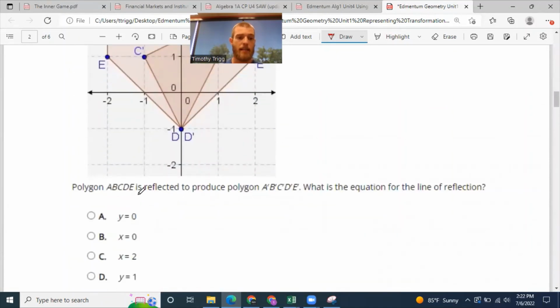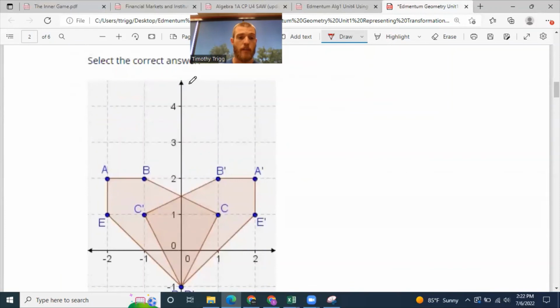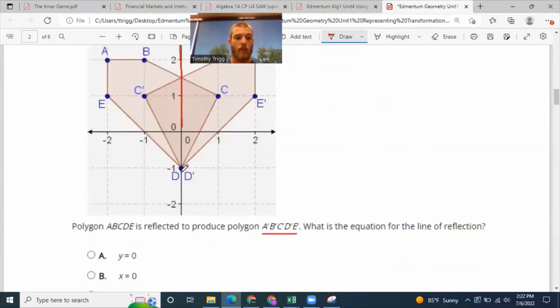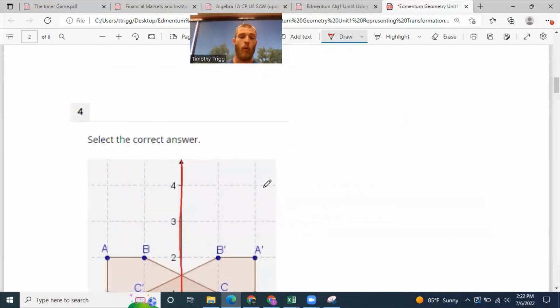Polygon ABCDE is reflected to produce this image. What is the equation of the line of reflection? Okay, so hopefully you can see the line of reflection is actually the y-axis. Now, what's the equation of the y-axis? The y-axis is a vertical line.